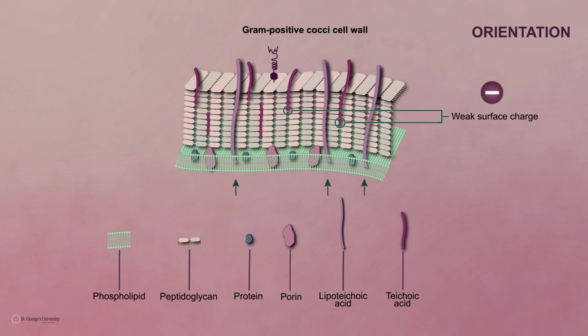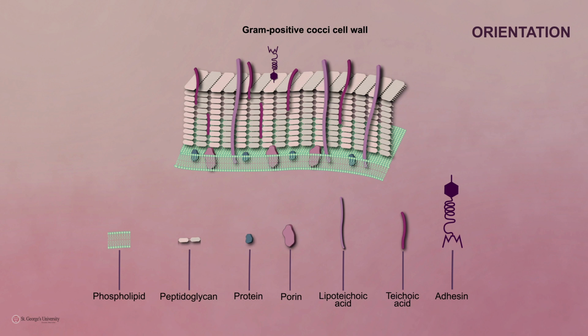That leads us to this last structure, which is an adhesin. Adhesins are a big family of extracellular proteins that allow the bacteria to attach. Some of them have very specific binding specificity, so that's why we have it represented as a very complex shape.